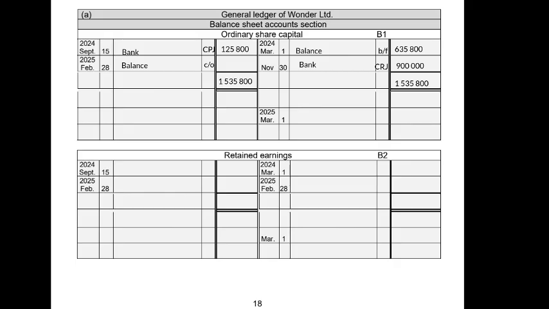And our balancing figure will be 1,410,000 Rand.